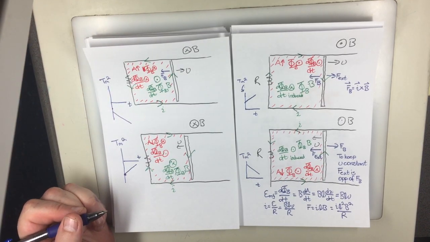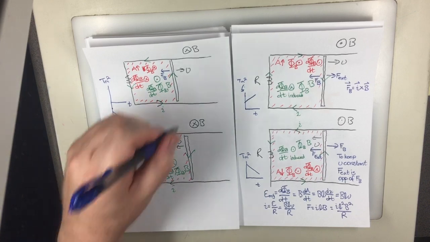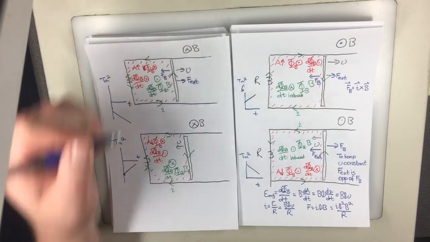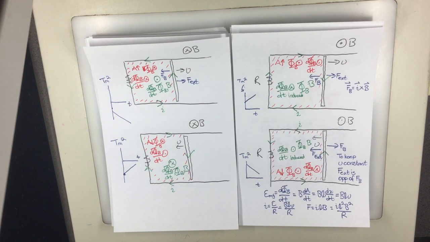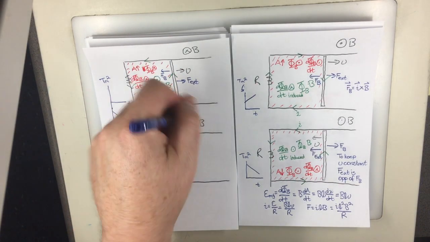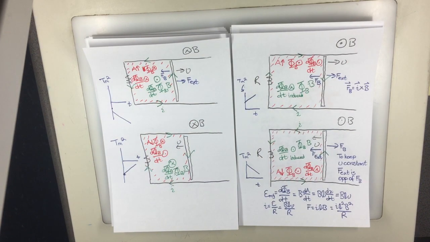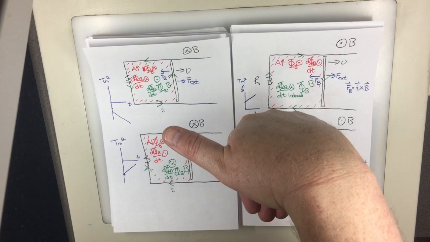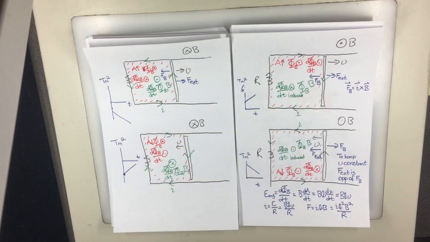To have the magnetic force to the left and the velocity constant, there has to be an external force to the right, so that dV/dt is 0. Here, the current is going down the page.